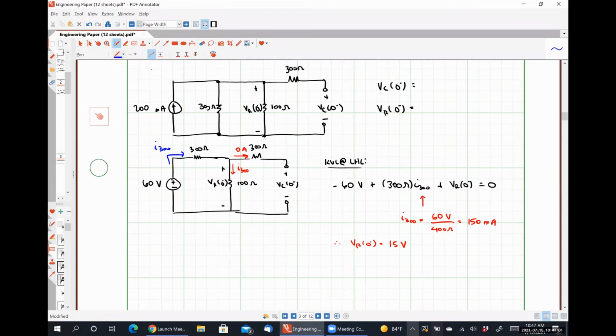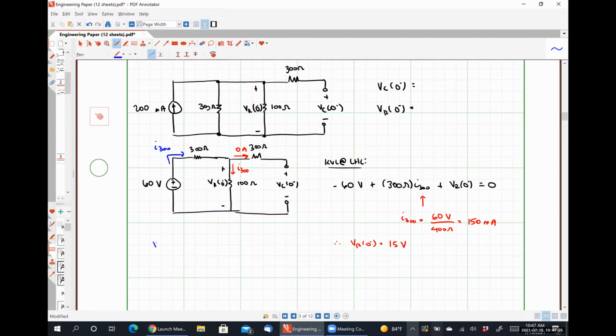Since we know that no current can split off and flow through the 300 ohm resistor to the right, that means that that 60 volt source just sees the 300 ohm resistor to the left and the 100 ohm resistor connected in series. So I would argue that we could get that same result using voltage division, right?